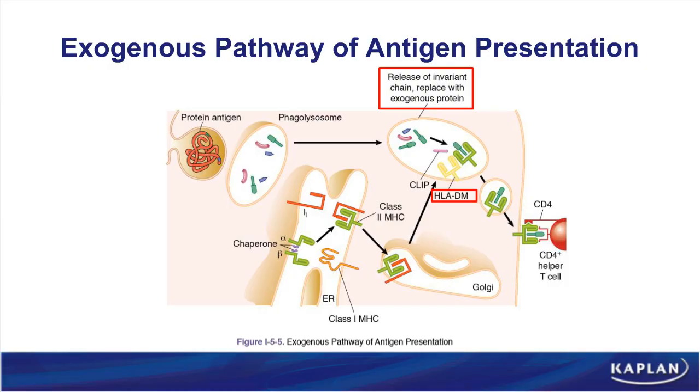The HLA-DM sort of facilitates that exchange, and the invariant chain is released and replaced with exogenous peptide. Once that exchange happens, the class 2 MHC with exogenous peptide is then fused to the cytoplasmic membrane so that that peptide can be presented to a CD4 positive T helper cell.